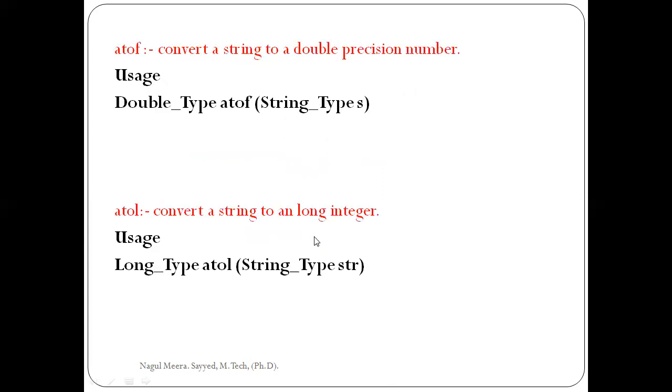Now there is another function, that is ATOF. This is used to convert a string to a double precision number, the reverse of the previous one. The previous one filters a string to only a number. In this, we convert a string to a double precision number.